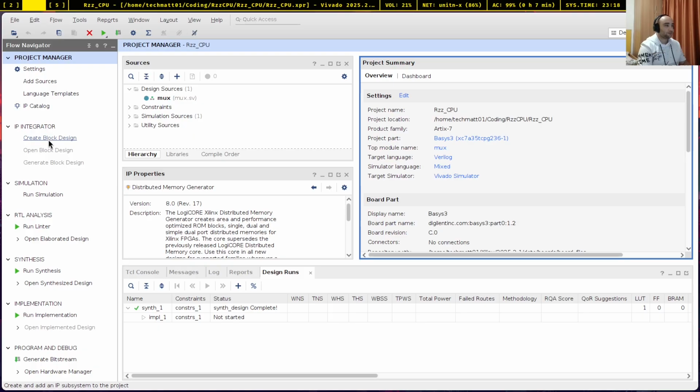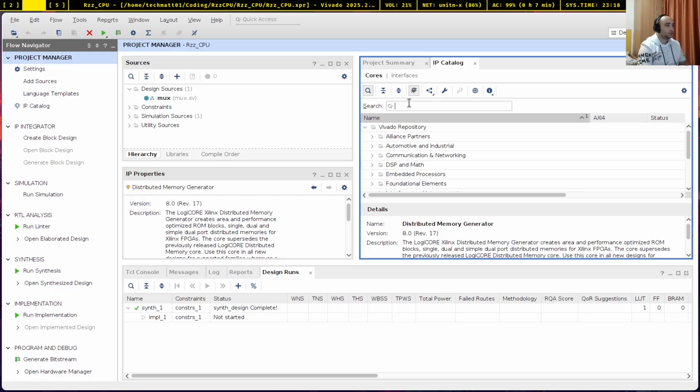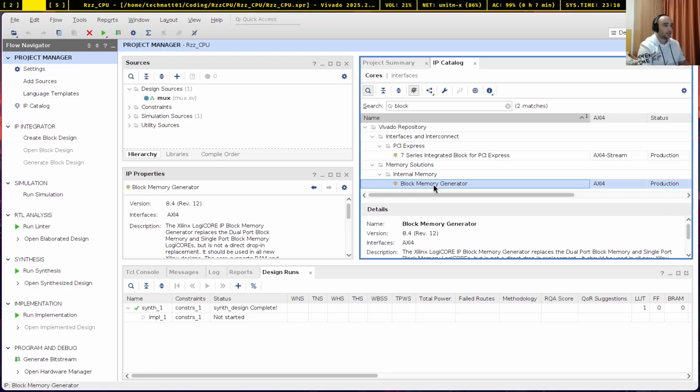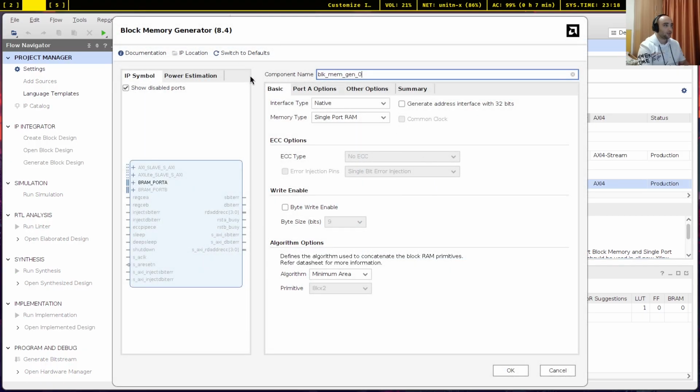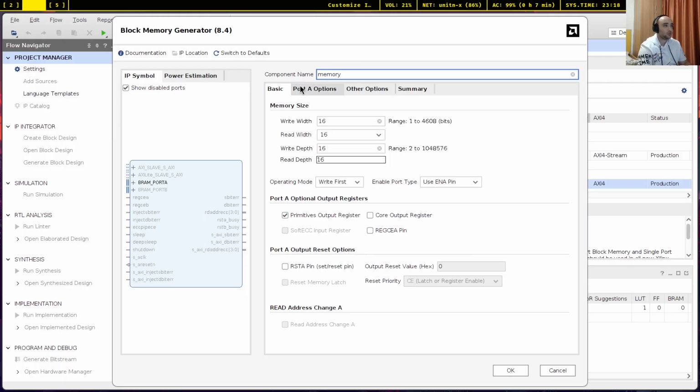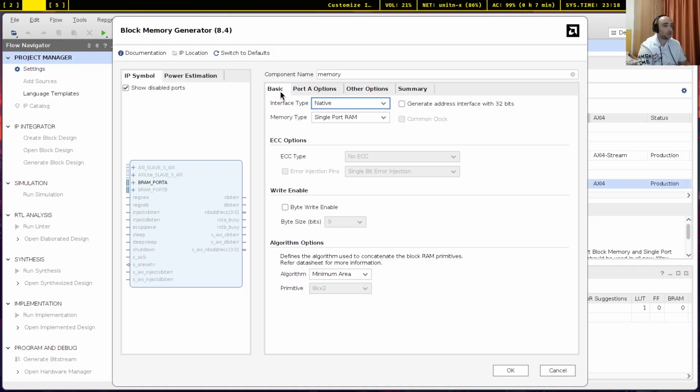So IP catalog, let's go for the block memory generator. Yes, and let's go and create it. So let's call this the memory, and interface type.